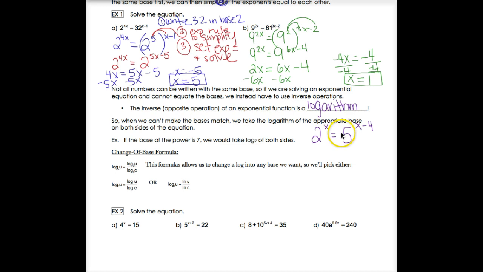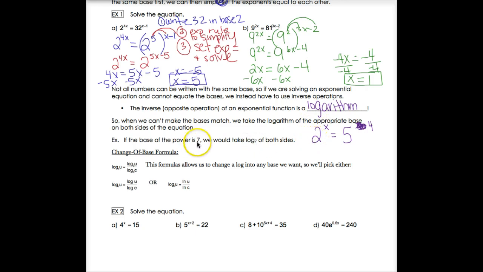Actually, you wouldn't have x's on both sides, so let's just say we had 5 to the 4th. But you can't rewrite this in the same base and set them equal. So we would have to get this x down by taking the logarithm on both sides.